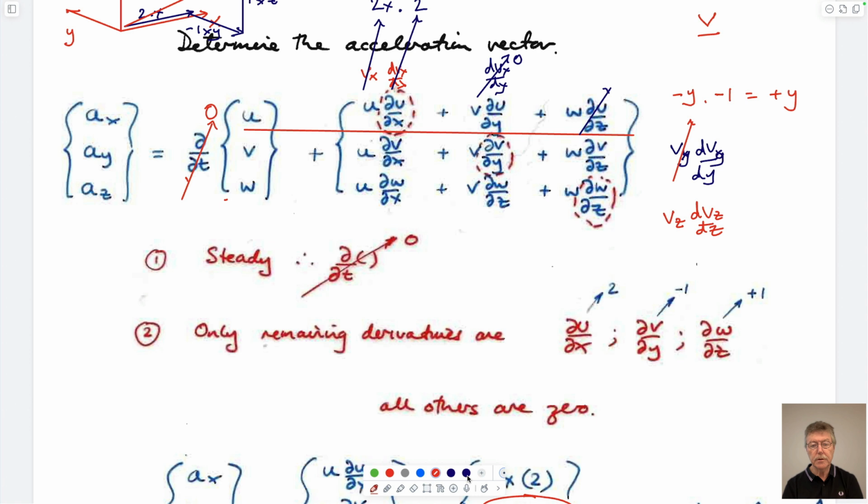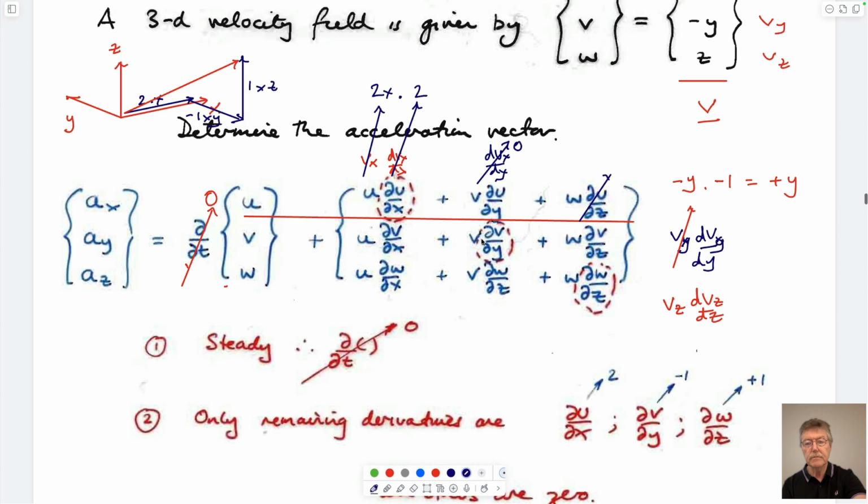And what would those terms be? Velocity in the z direction, this is z, times the derivative of the velocity in the z direction, this is just plus 1. dz is just 1, right?